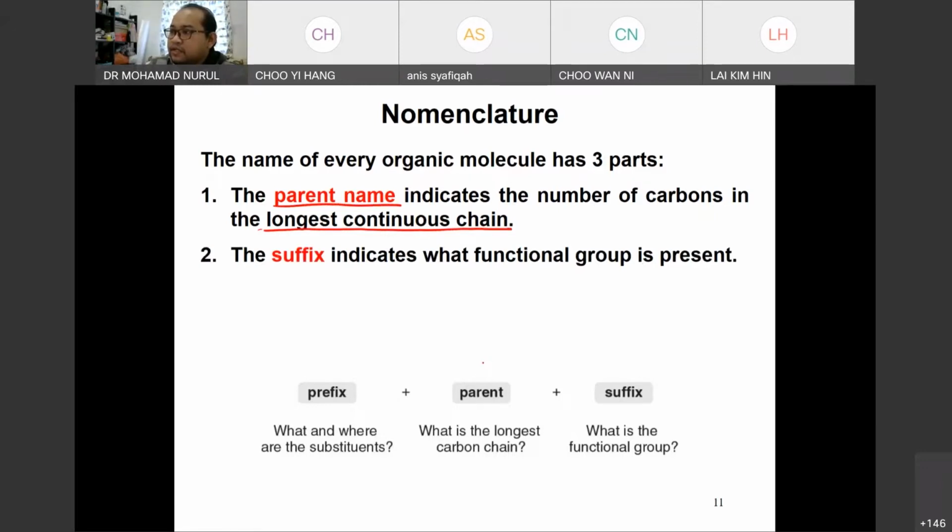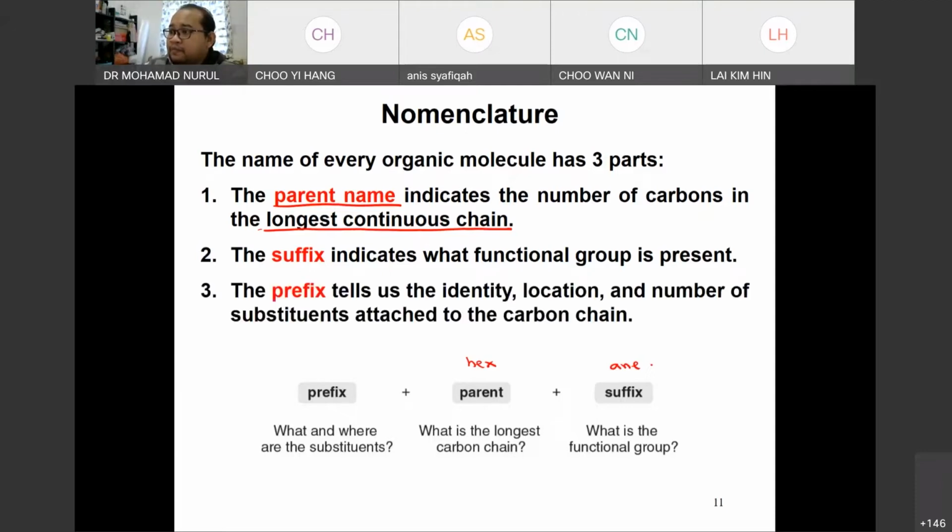The suffix indicates the functional group present. For example, we have hex is 6, and ane is the functional group present, alkanes. And the prefix should be in the front.